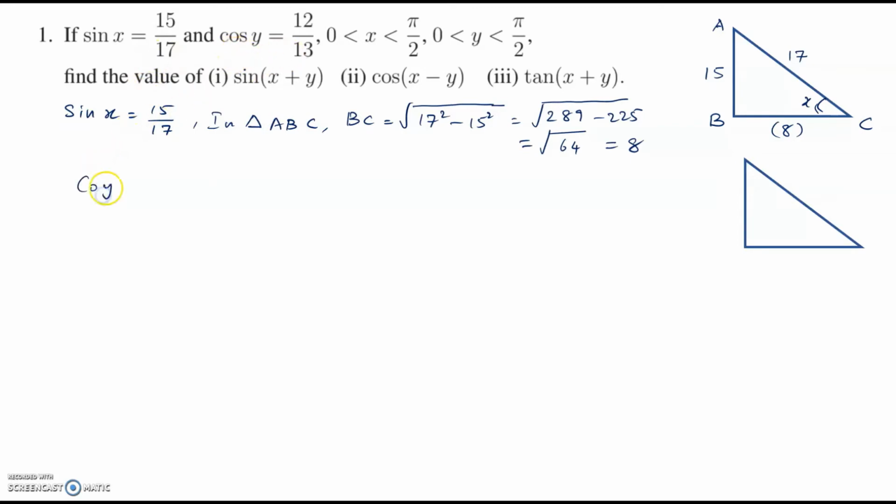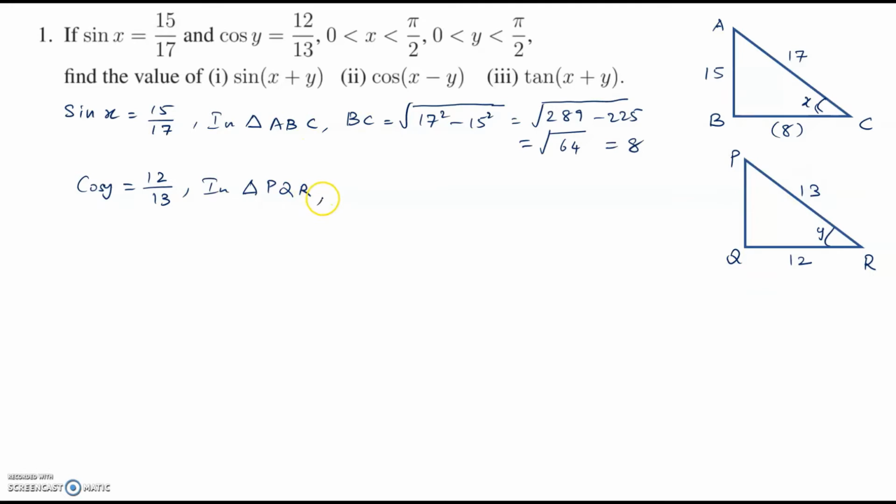So cos y is equal to 12 by 13. Therefore, in triangle PQR, this is angle y, the adjacent side will be 12 and our hypotenuse will be 13.